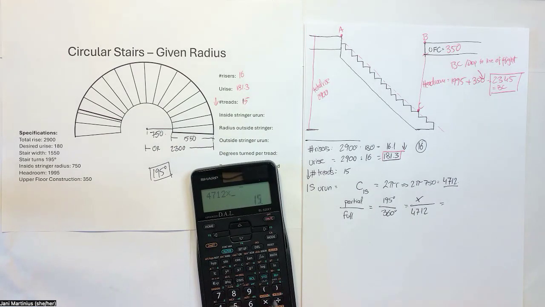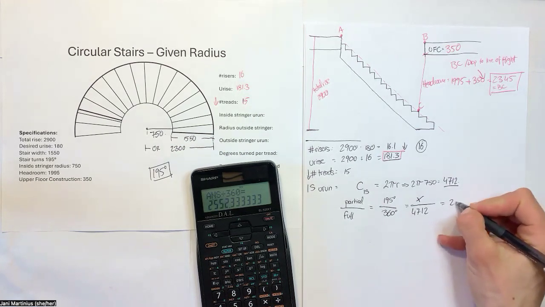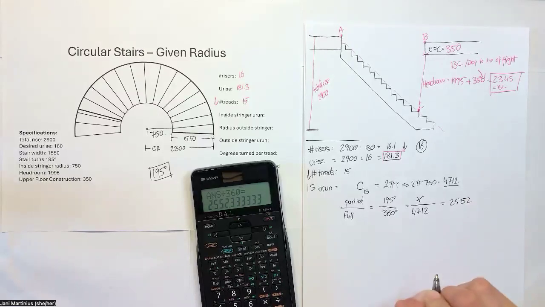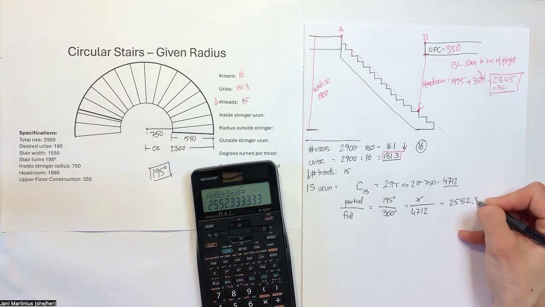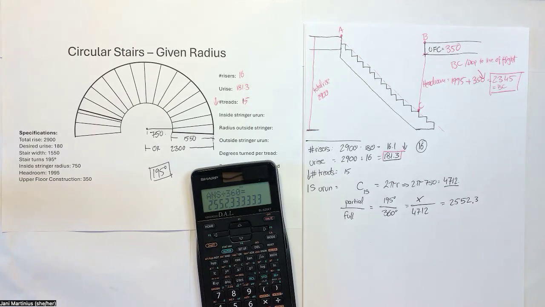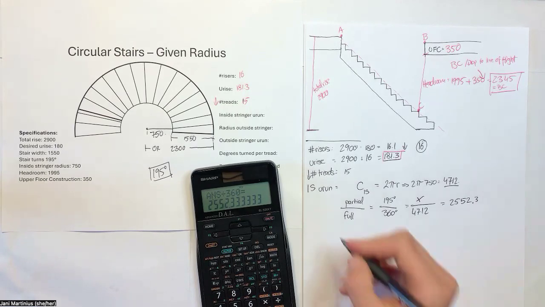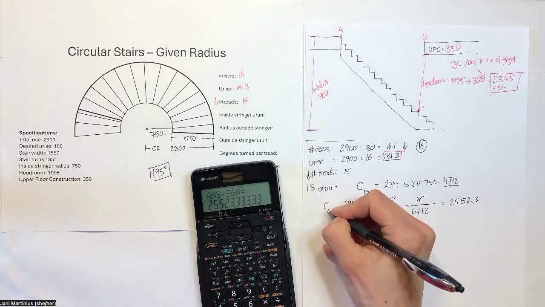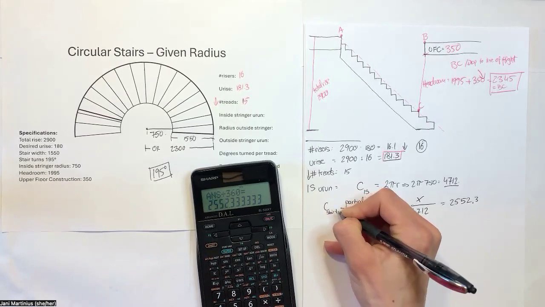4712 times 195 divided by 360 gives us 2552, maybe we'll put the 0.3 in there. Okay, awesome. Now, that is the circumference of the stair on the inside.